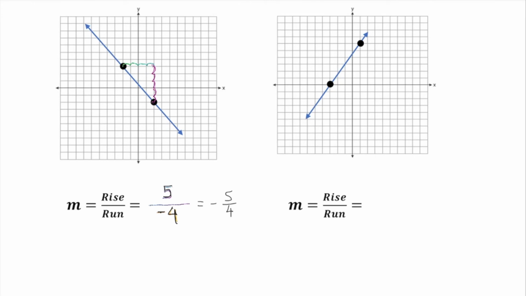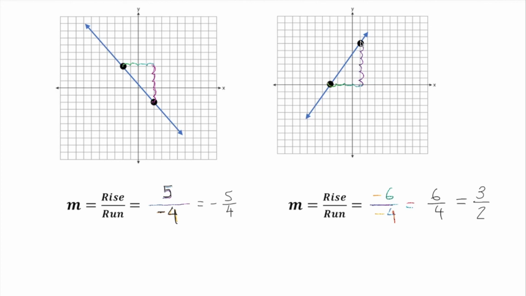So down how many? 1, 2, 3, 4, 5, 6. That's a rise of negative 6. And then from this point we go 1, 2, 3, 4. So negative 4. So we have 6 over 4, which can be reduced to 3 over 2. So that is our slope.